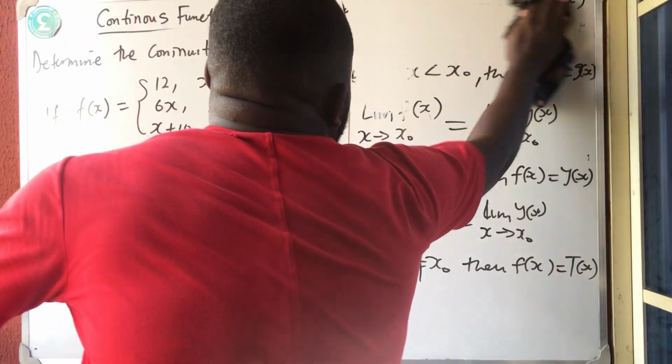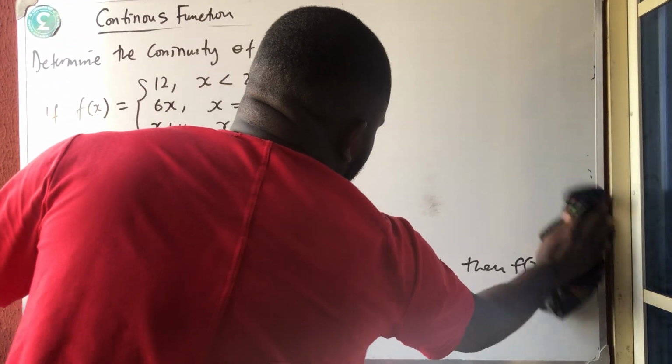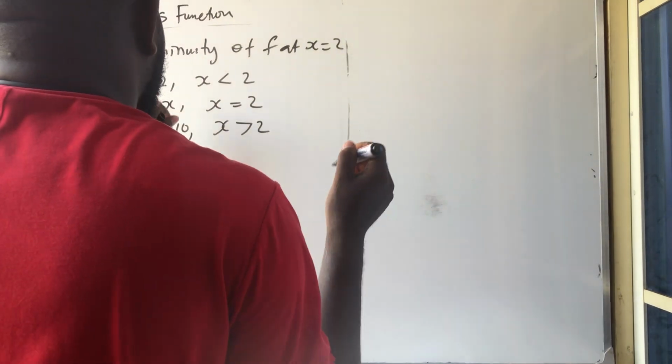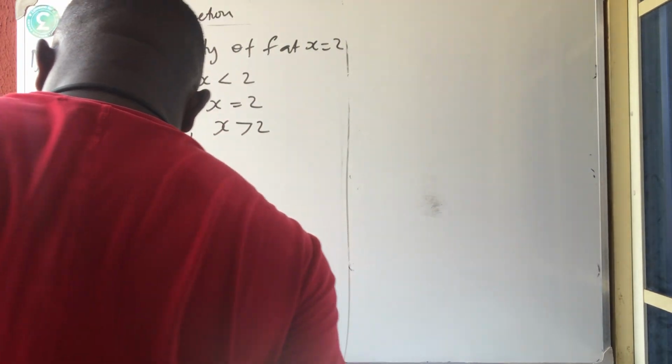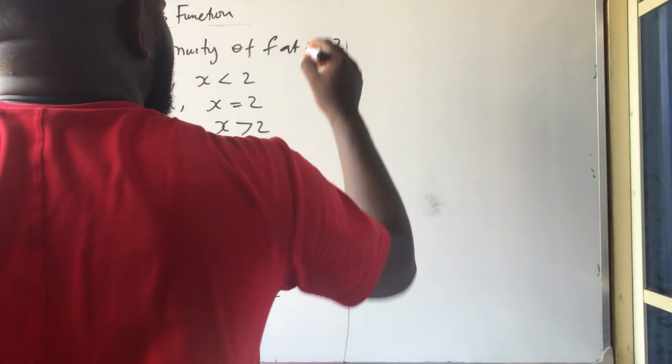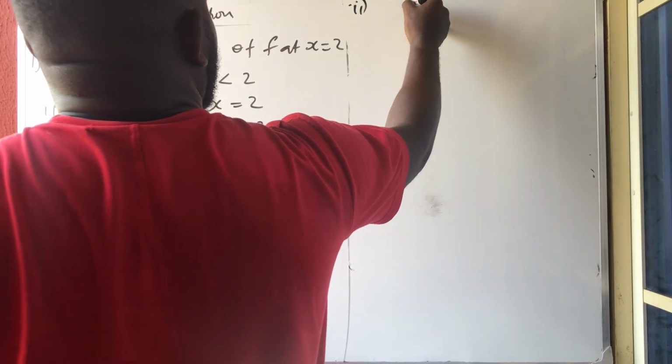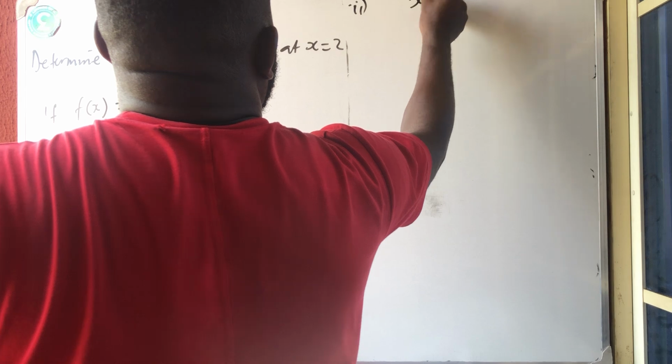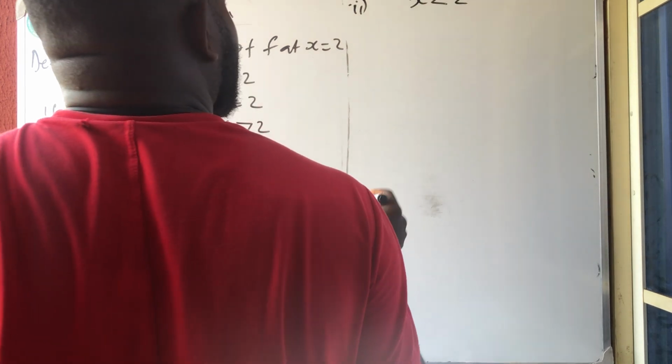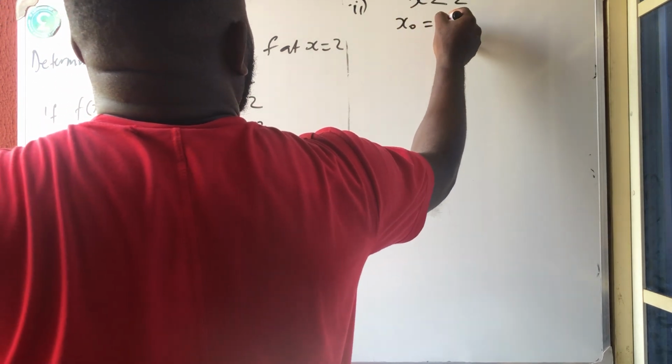Now the second one is by using limit. Don't forget, the second one is by using limit. So let us check for this one when it is less than. They say that it is 12 when x is less than 2, which means our x naught is equal to 2 again.